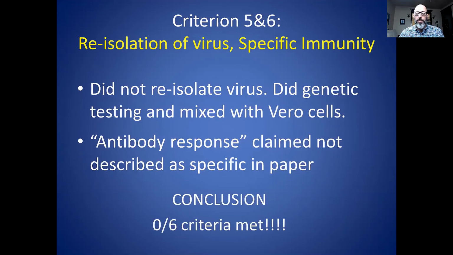So let me just summarize, because there are several misrepresentations in that article. First, in the title, they said they satisfied Koch's postulates, but in the second paragraph, they said actually they used Rivers' revision of the Koch's postulates, which are distinct. And then they claimed that 4 papers satisfied the first 3 criteria, but upon closer examination of those papers, not one criteria for any of those papers was satisfied.